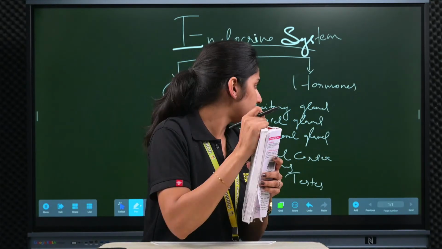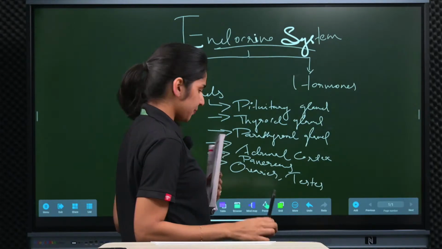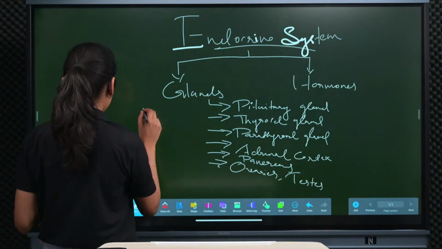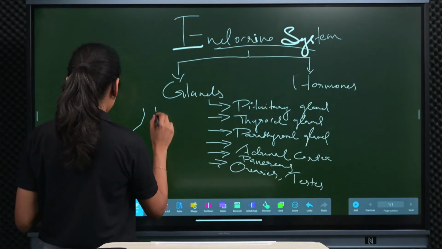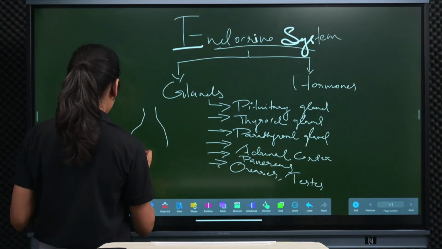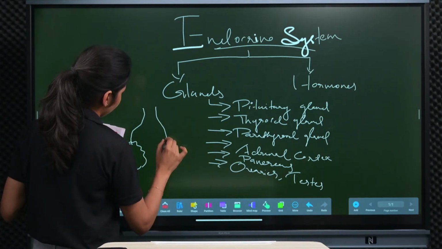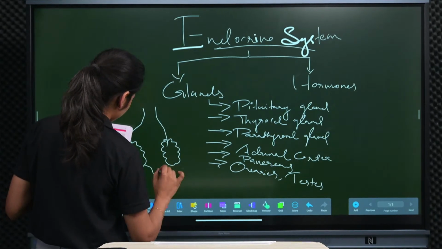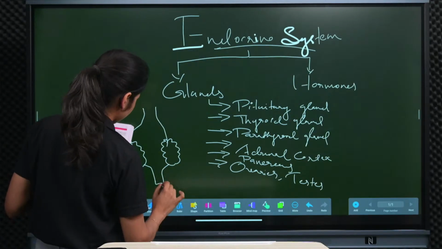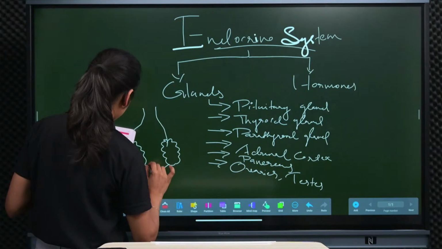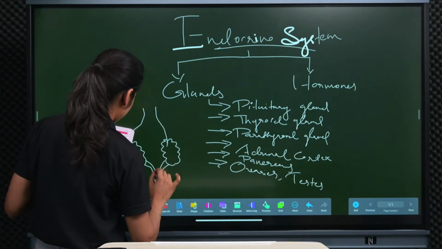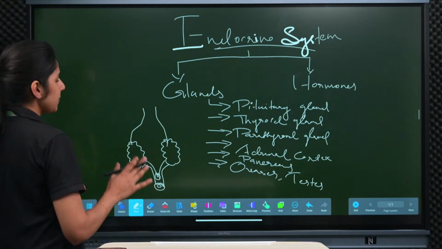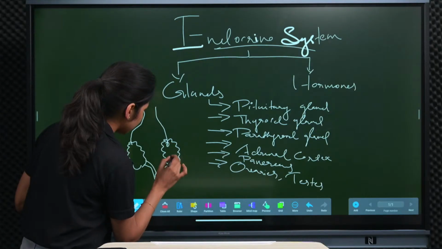I will draw a figure of the thyroid gland. Here I will be drawing how the thyroid and parathyroid look. It's just a rough diagram.